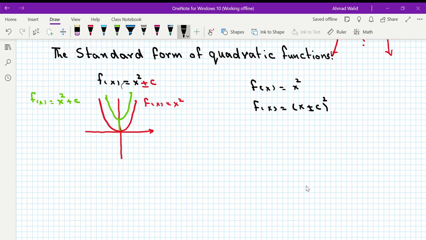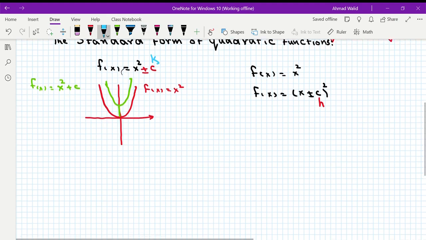Now, putting these two pieces of information together, we just change the name of c here. For the horizontal shift, we use h. For the vertical shift, instead of c, we use k. Correct?